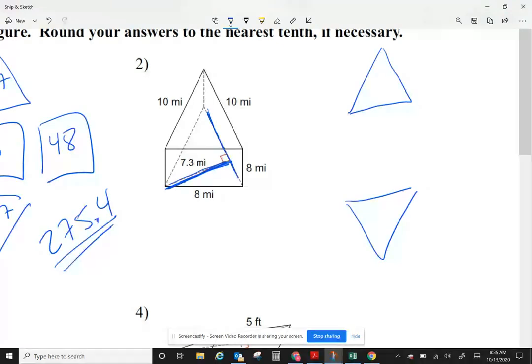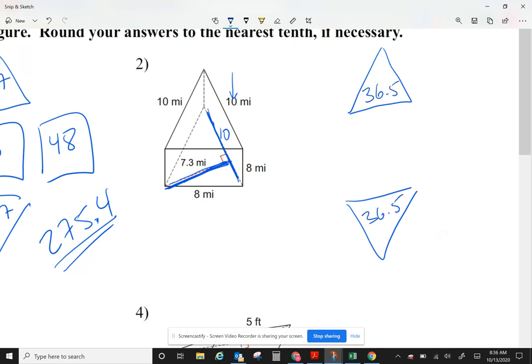The other number, in this case, is 10. I see it from here. So I'm going to go 7.3 times 10, and I'm going to divide my result by 2. For triangles, we always multiply the two that meet at the 90-degree corner, and then we divide by 2. So in this case, each of my triangles is 36.5.